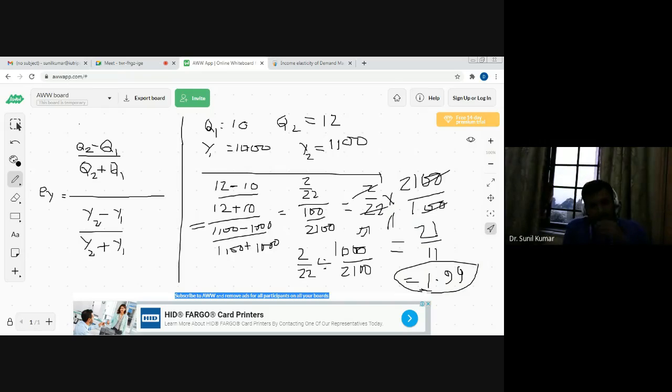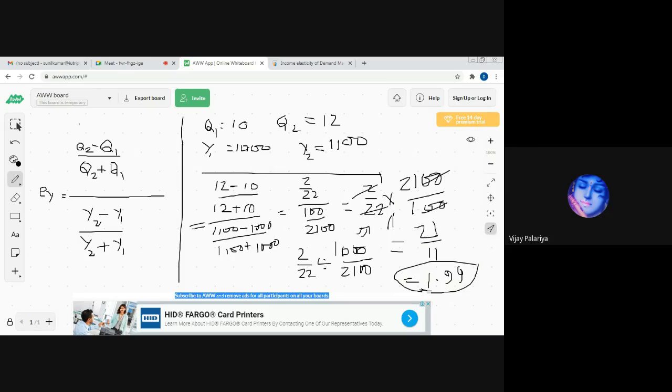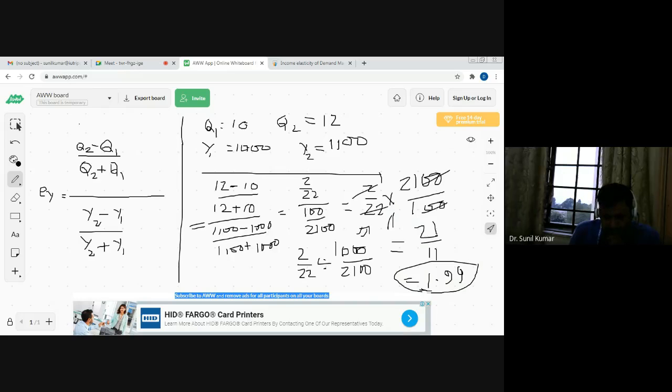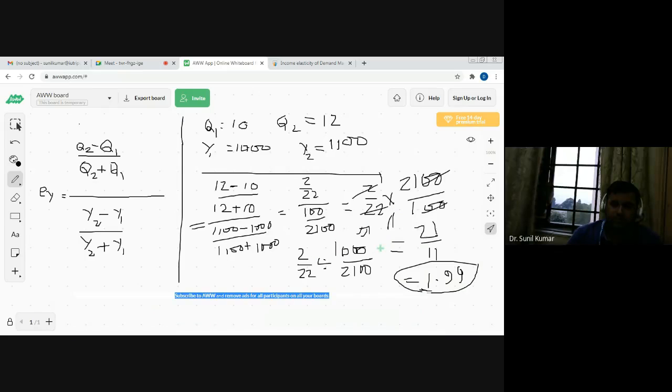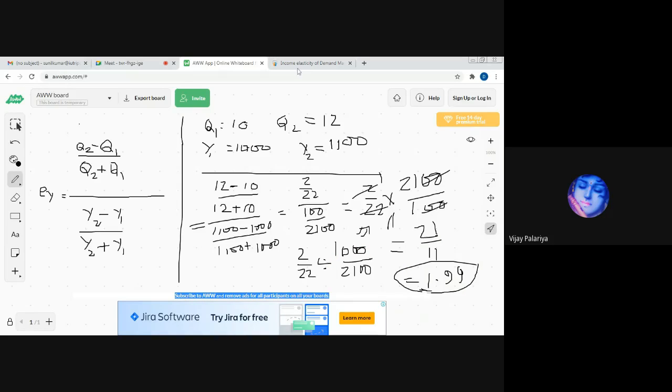Have you understood this one? Sugar is quite income elastic. Any doubt? No, sir. Okay.